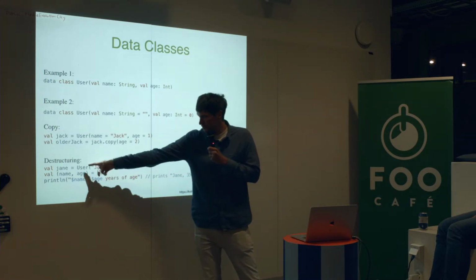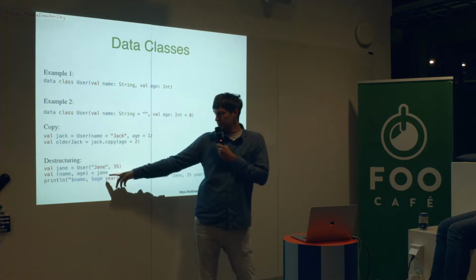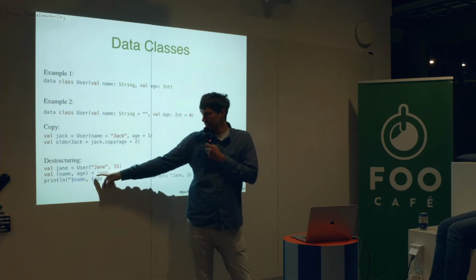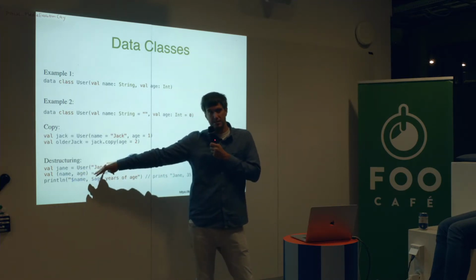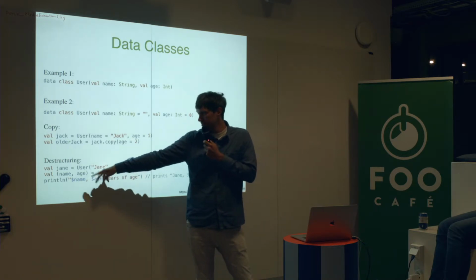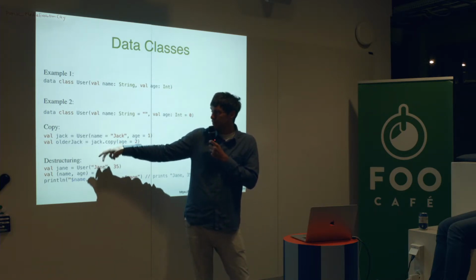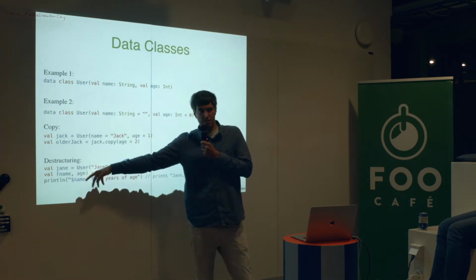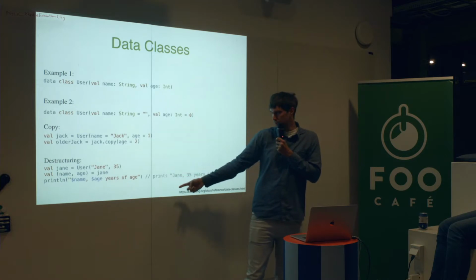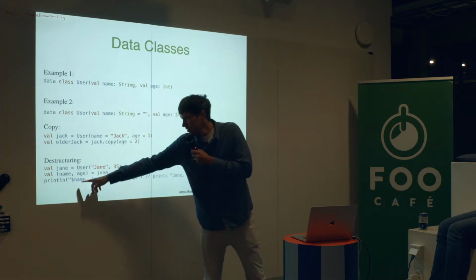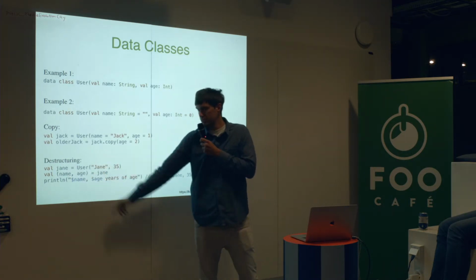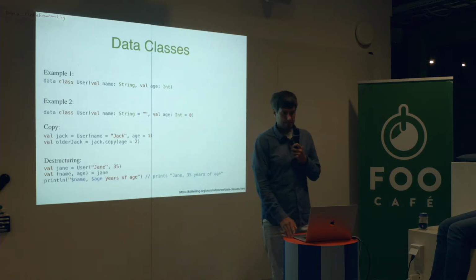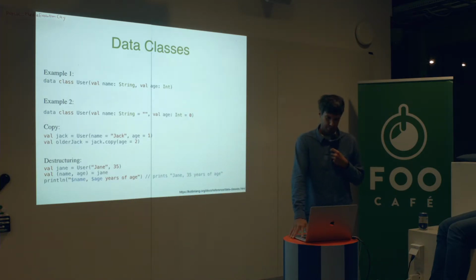Here we've created a user, and now what we can do is destructure Jane and extract the property values out of Jane and name them name and age. Then we can use them here in the code. As you can see, we do a println with name and then age. And this essentially exists in all other languages except Java, I suppose.